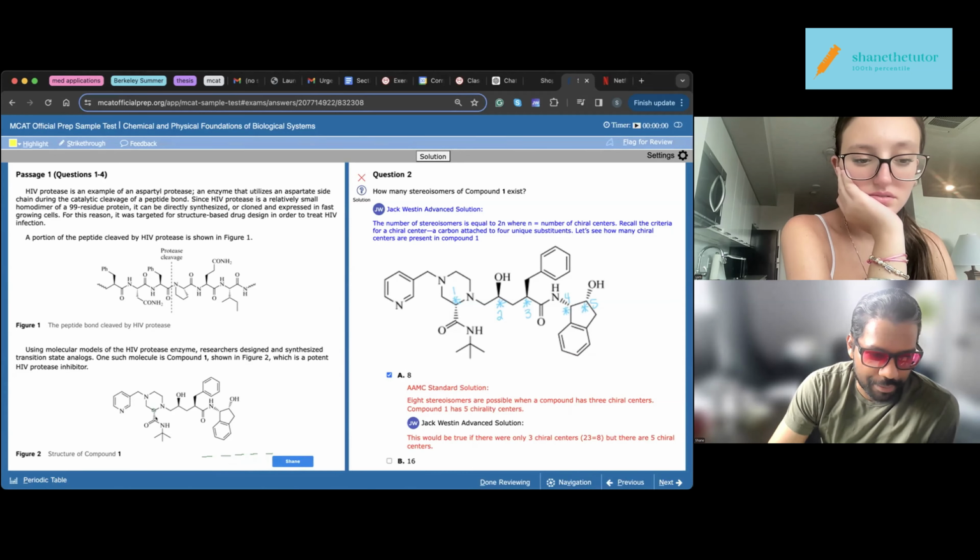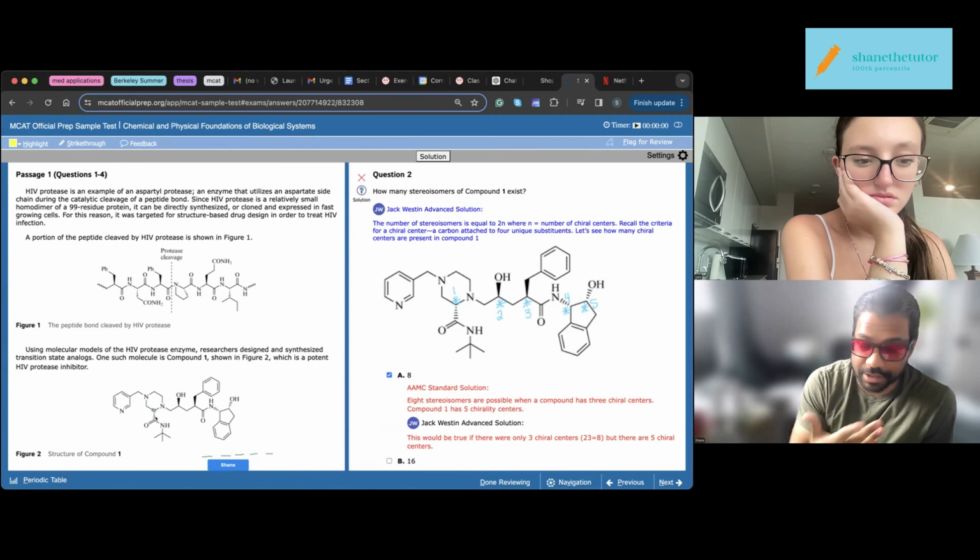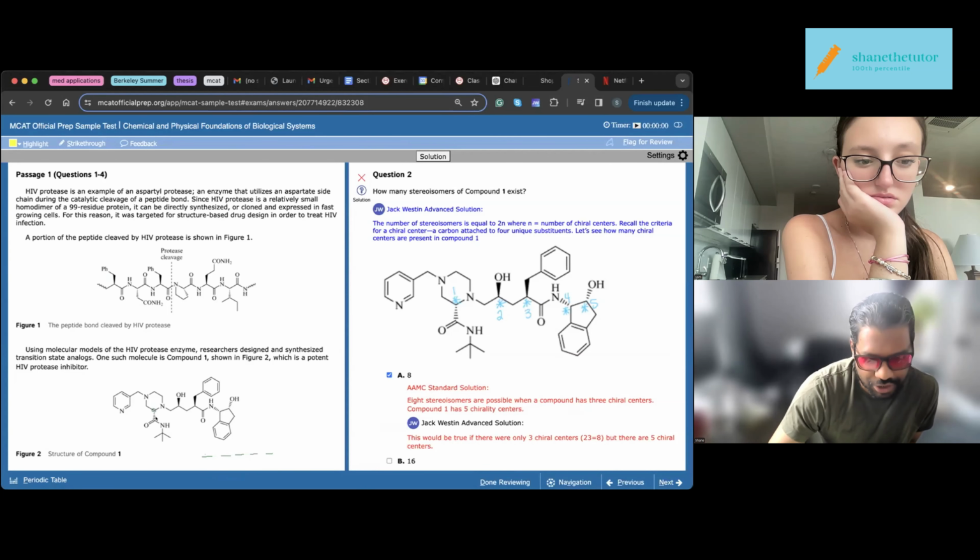So how many options are there for the first one? It could either be the black wedge or the dashed wedge, so two options. The next one, same thing, two options, two options, two options, two options. So it's really going to be 2 to the n power, where n is the number of chiral centers.